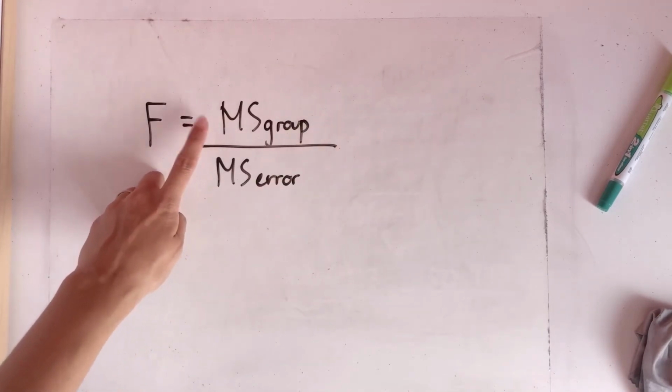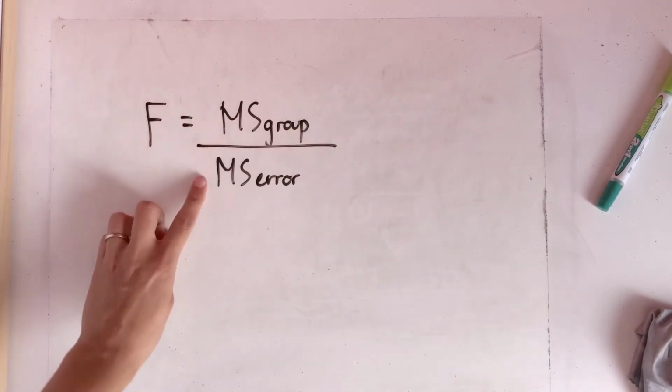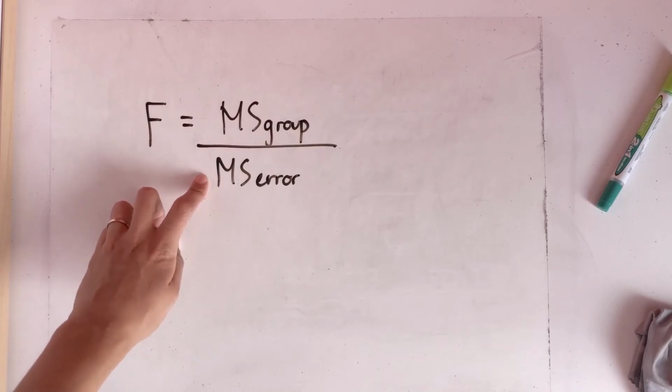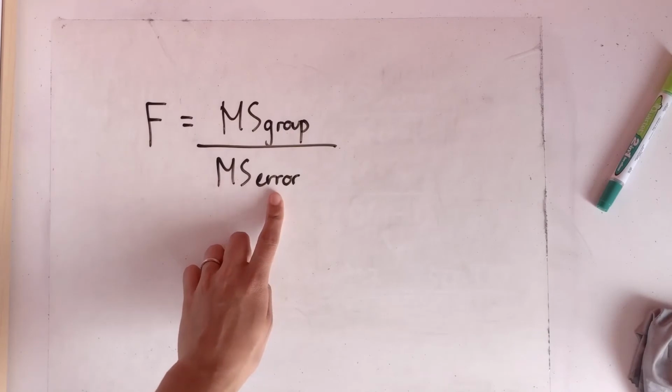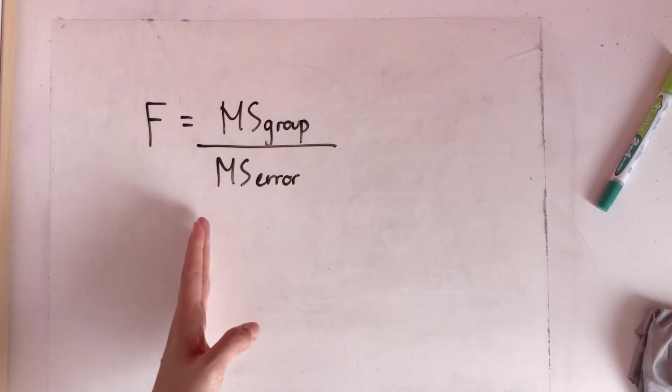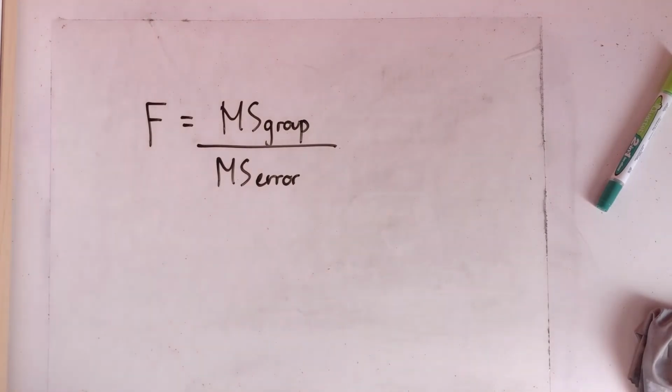F ratios, as we know, are always computed by taking a mean squared of our effect, in this case the within subject's manipulation of group, and dividing that by the mean squared error, in this case the mean squared error that is left when we account for baseline individual differences from all 3 groups being experienced by each subject.